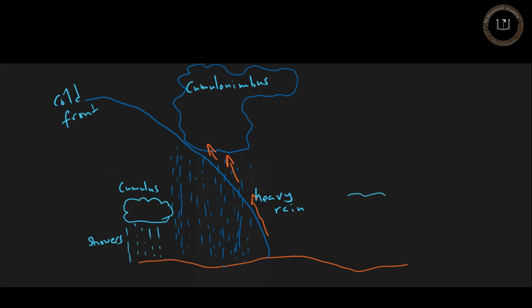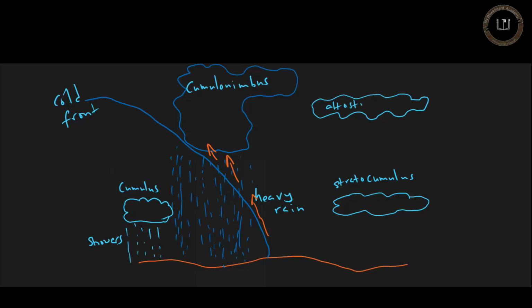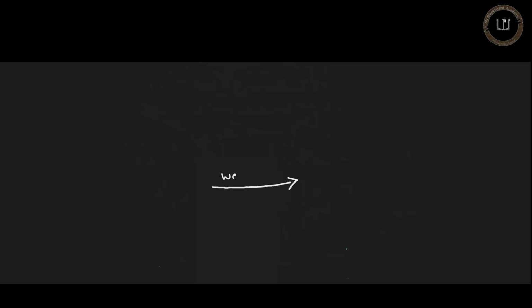As the cold front arrives, temperature decreases, pressure increases, and humidity decreases. Since cold air does not hold as much water vapor as warm air, the wind backs from being ahead of the front to being behind it.